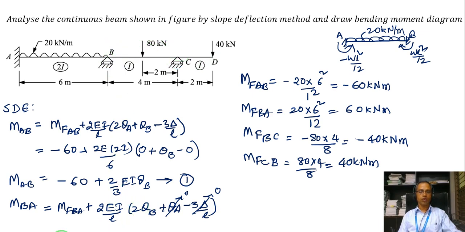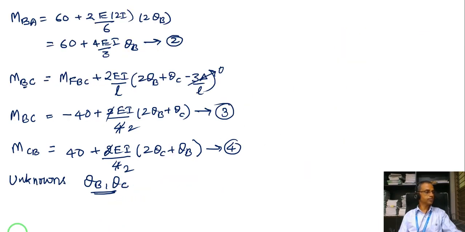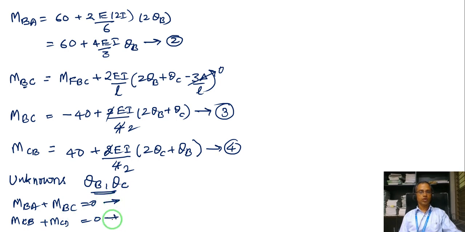So using that, MBA plus MBC is equal to 0. This is 1. And MCB plus MCD is equal to 0. So these are the two joint equilibrium equations.